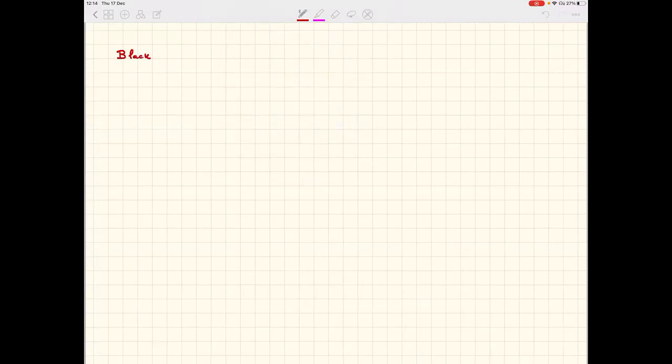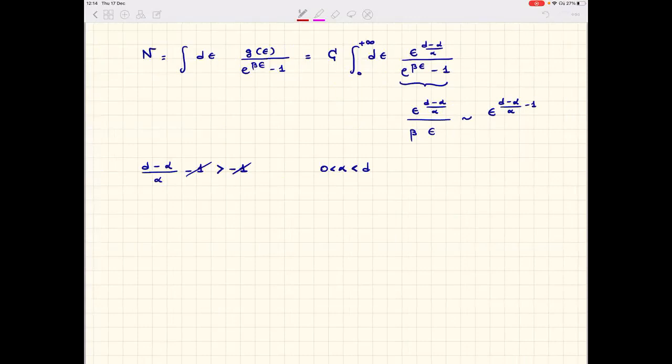Professor? Yes. Wait a bit. Can we go back to the previous one? Yes. Just why is it greater, not smaller? I was kind of thinking a bit because when I calculated, I got d minus alpha over alpha minus 1 smaller than 0, I think. No. So why is it greater than 0?